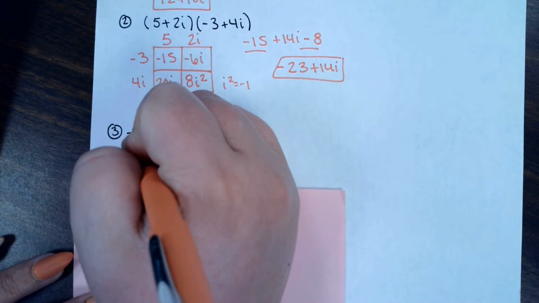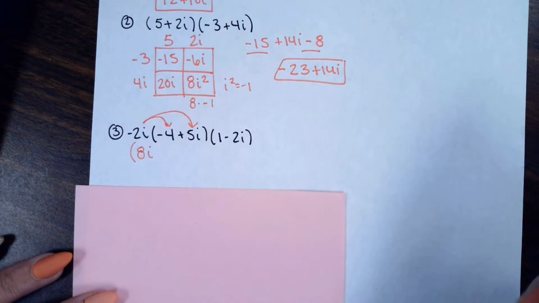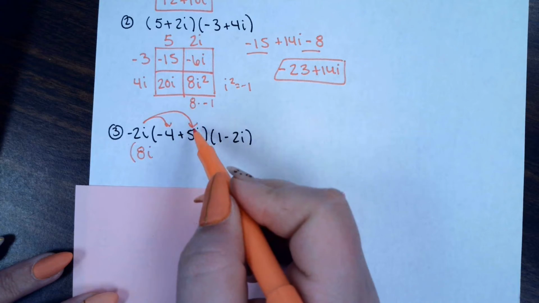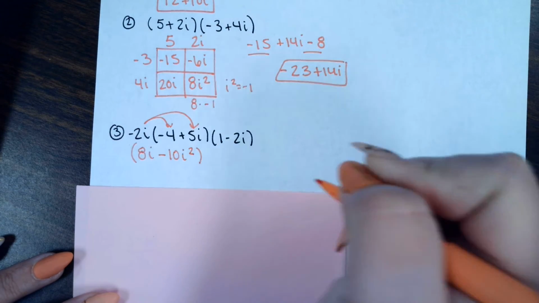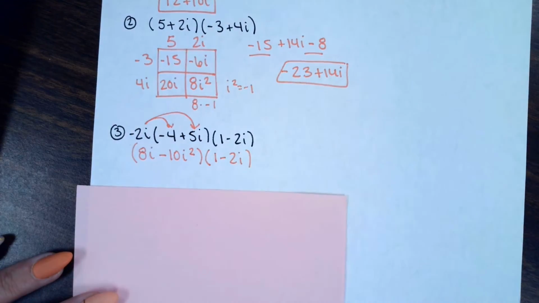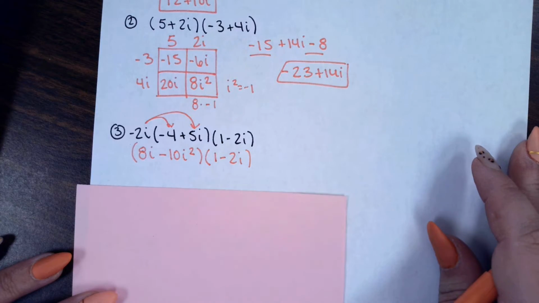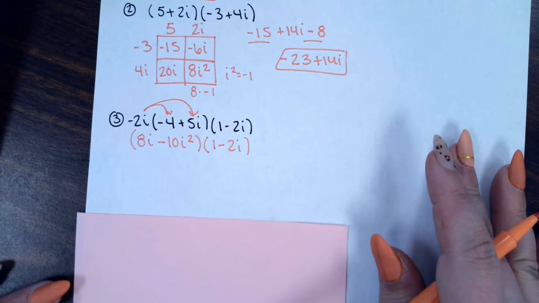So we'll get 8i, I'm going to leave it in parentheses, 8i minus 10i squared. And I'm just going to bring down our third term. And now it looks like this, right? We can just use our box method.